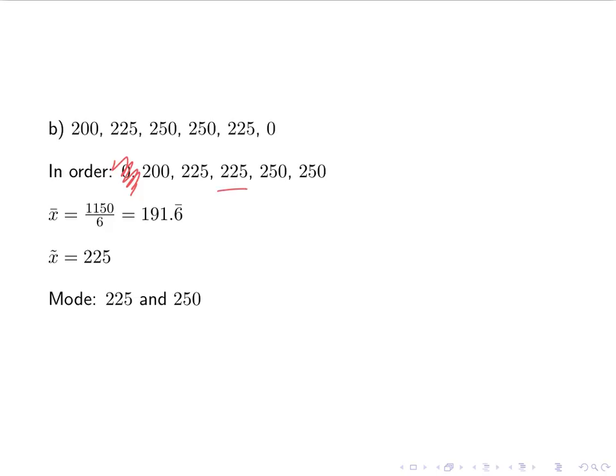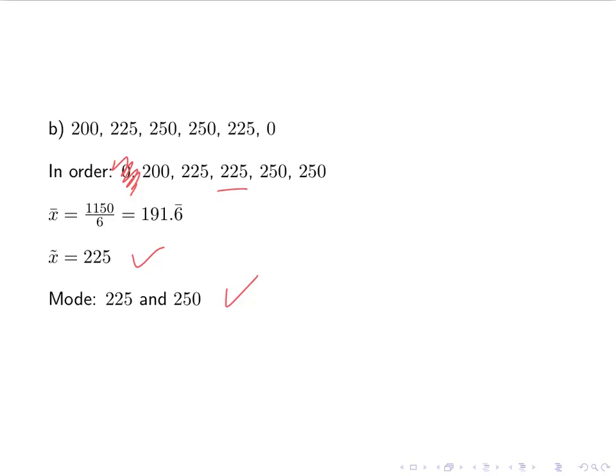There is a middle value, and it's 225. So our median didn't change. What about our mode? Our mode also didn't change. We still have 2 225s and 2 250s, and at most 1 of any other number. So our median and our mode stay exactly the same.